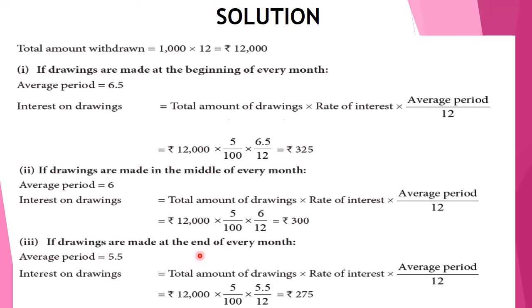Let's do the third situation, at the end of every month. The average period is 5.5. Interest on drawings is equal to total amount of drawings into rate of interest into average period by 12. So 12,000 into 5 by 100 into 5.5 divided by 12. When you do the calculation, you'll get an amount of 275.